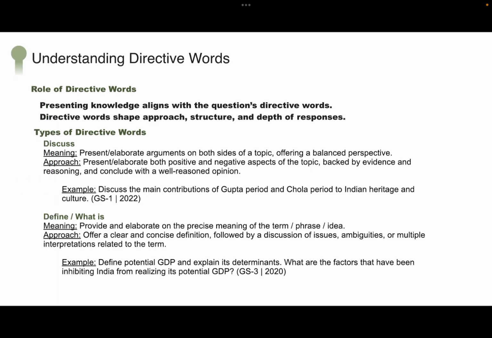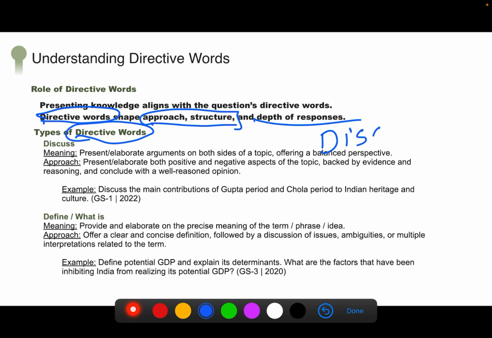See, the first directive is discuss. Here directly the question is asking to discuss. For understanding this type of directive, we need to give a balanced view of the topic. Let us go through the example.